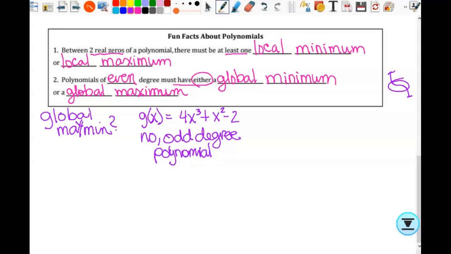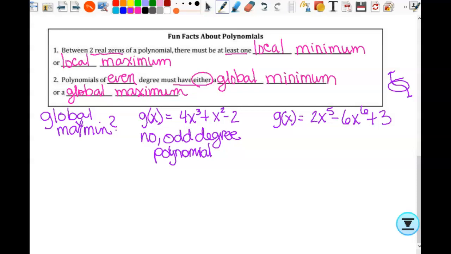Okay. We good with that? So what if I have g of x equals 2x to the 5th minus 6x to the 6th plus 3. What's the degree on this polynomial? 6, because it's the biggest number, not because it's the first, right?